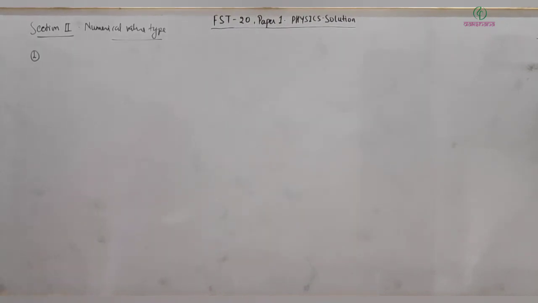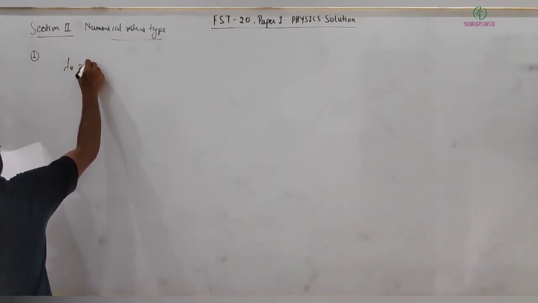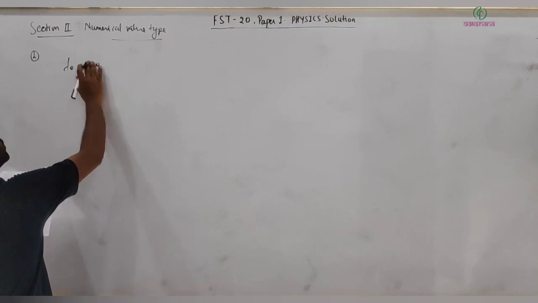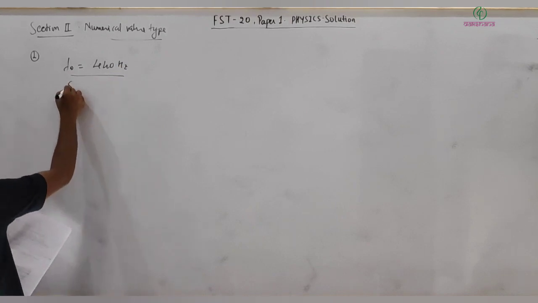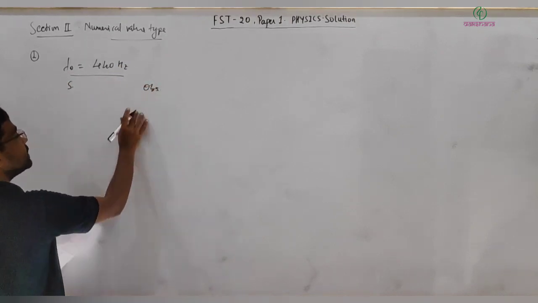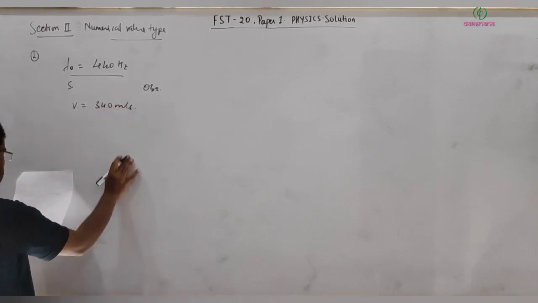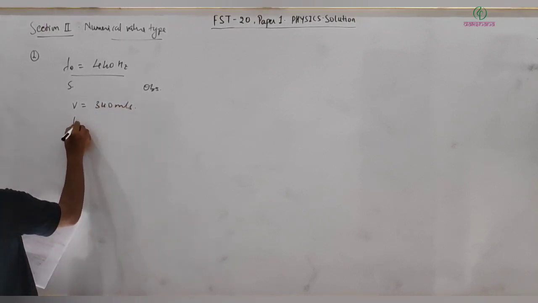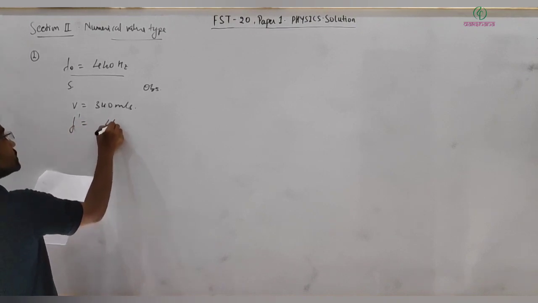Okay, next it's section 2, numerical value type questions, and question number 1 is a straightforward problem. Original frequency is given as 440 hertz, the source is there, and the observer is moving with some velocity, the speed of sound is 340 meter per second, and the observed frequency f prime is given as 462.